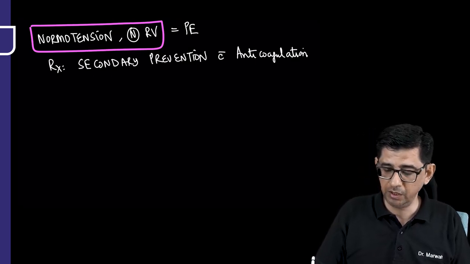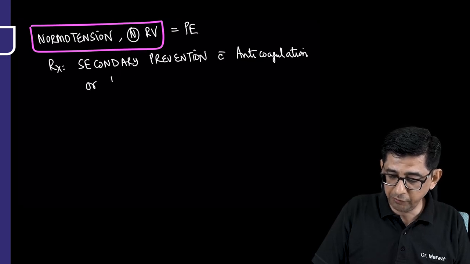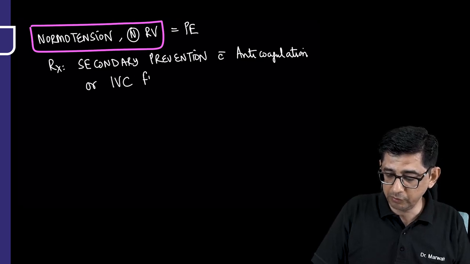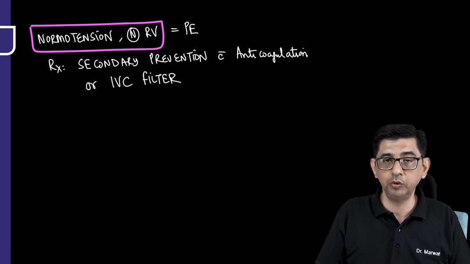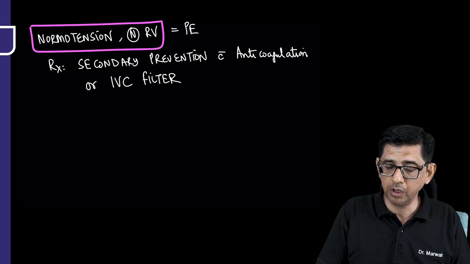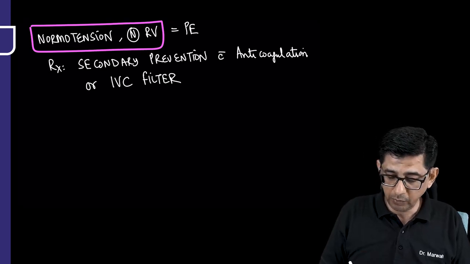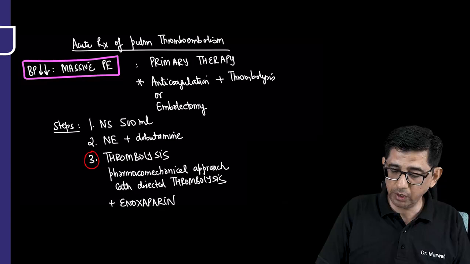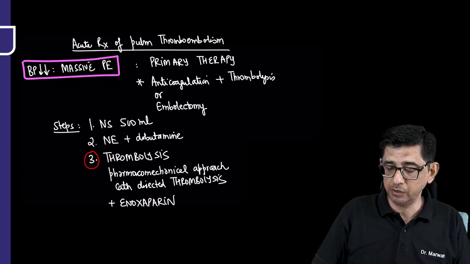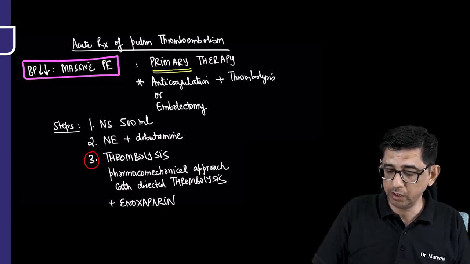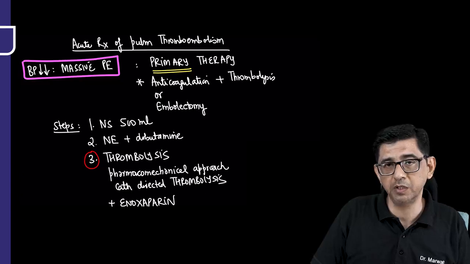with anticoagulation. In some cases, if it is recurrent pulmonary embolism, if the person is already a known case of factor V Leiden mutation, if a person is a known case of prothrombin gene mutation, then I can even put an IVC filter. So the learning point for you guys is, if he says what is primary therapy, that means just mark it here. If he says what is primary therapy, your answer would be, I'm going to use it in a person with crashing BP, massive pulmonary embolism.